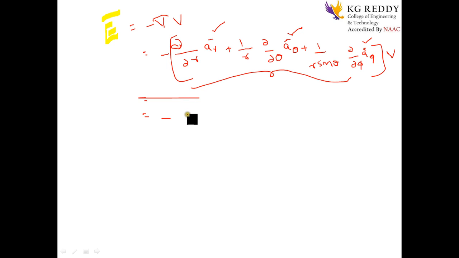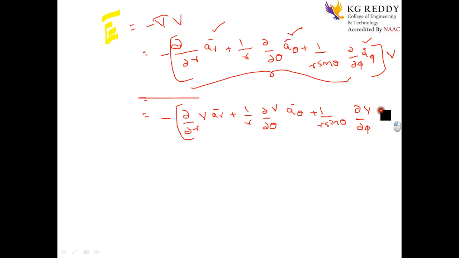So I am directly multiplying: dou by dou r V AR bar plus 1 by r dou by dou theta V, again writing V, A theta, plus 1 by r sin theta dou by dou phi V into A phi.